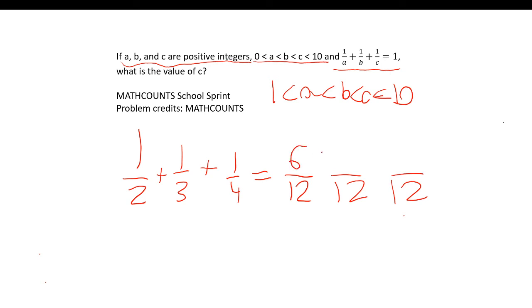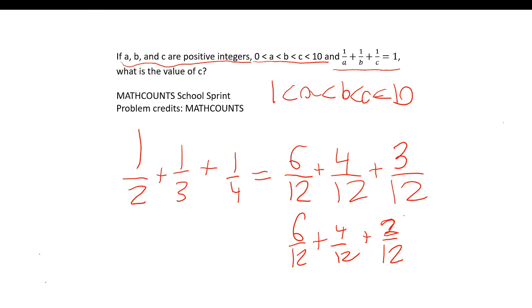A half is 6 over 12, a third is 4 over 12, and a fourth is 3 over 12. We have 6 plus 4 is 10, 10 plus 3 is 13. Well, we have 13. If we bring this down, we could have 6 over 12 plus 4 over 12. All right, we can bring this down by 1, to 2 over 12. And well, this works. 6 plus 4 is 10, 10 plus 2 is 12, 12 over 12 is just 1.